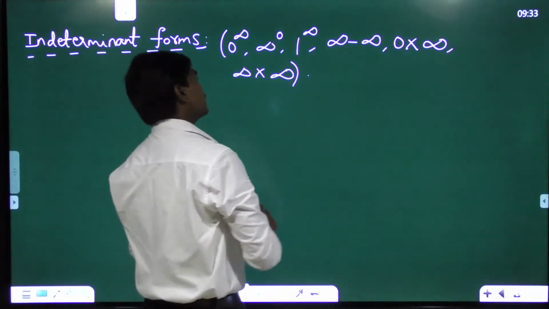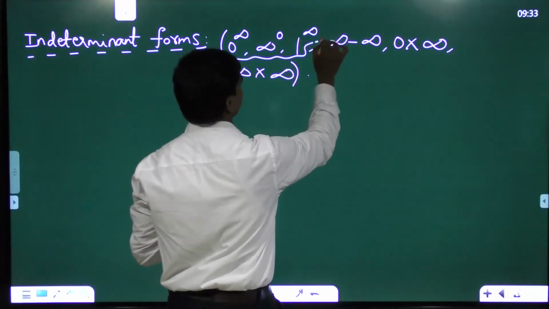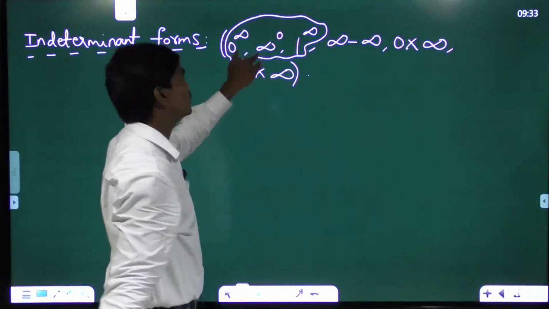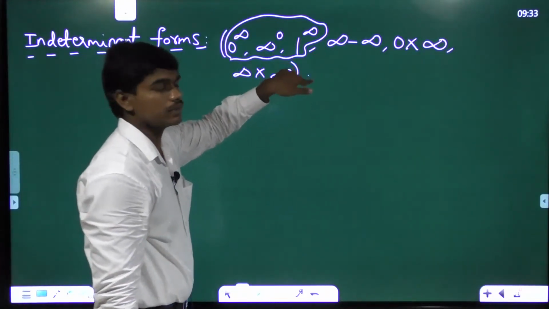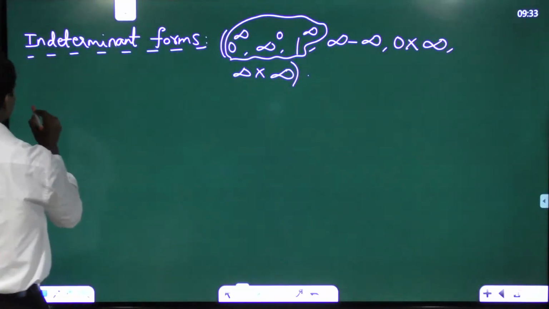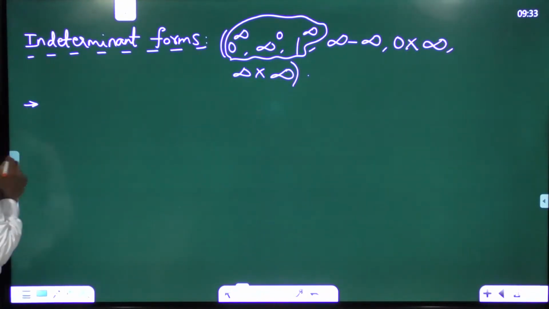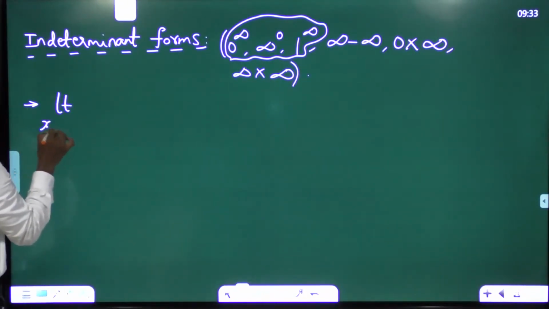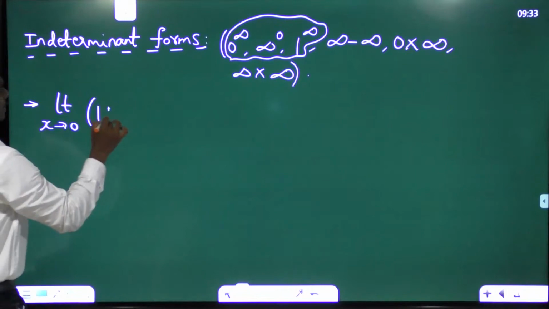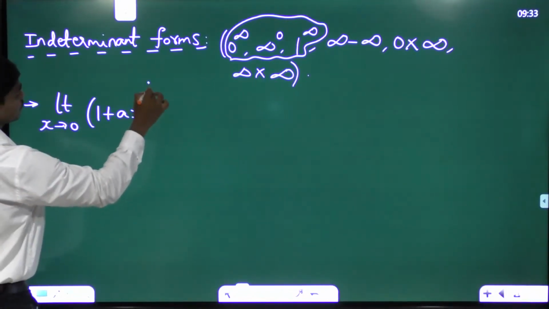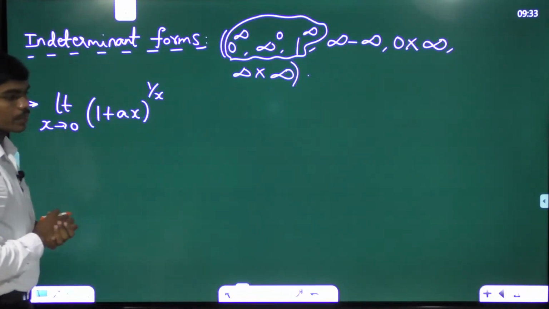Now let us discuss a case if it's giving power forms of indeterminate forms. Like if you see, these are power functions which are of indeterminate forms. So see here. First, let us start with the limit that I gave you, 1 plus ax whole power 1 by x. Okay.